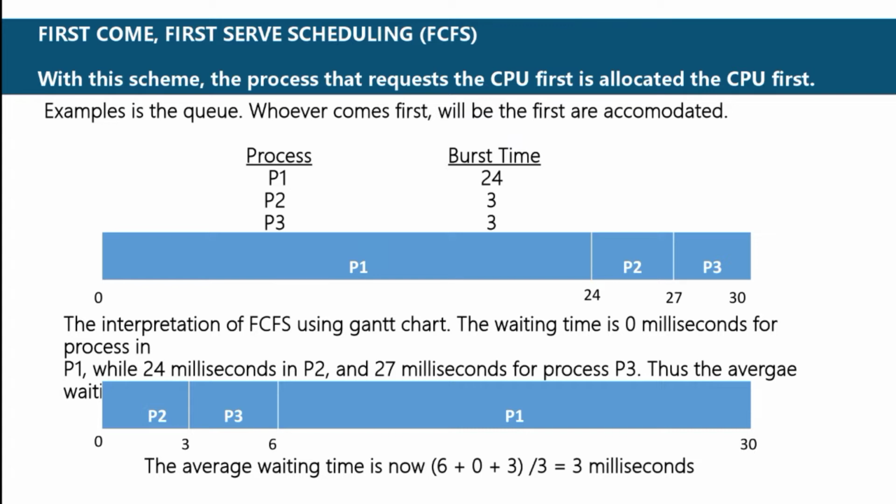So we will only have a total average waiting time of 3 milliseconds, because we add the waits 0 for P2, 3 for P3, and 6 for P1, and divide by 3.